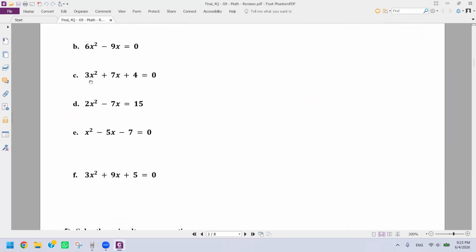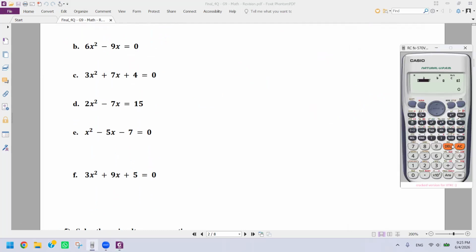Next, we have 3x squared plus 7x plus 4. On the calculator, 3, 7, 4. We got minus 1, minus 4 over 3. We do the factorization. It's x plus 1.